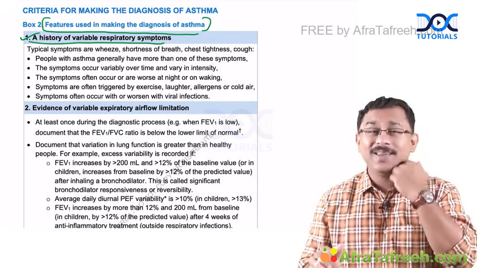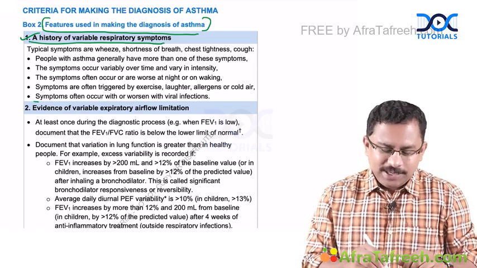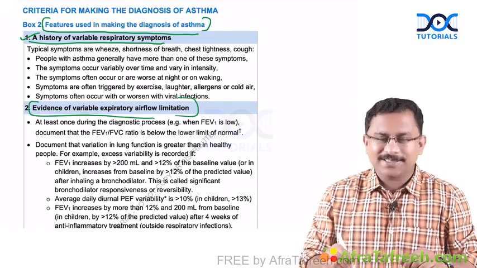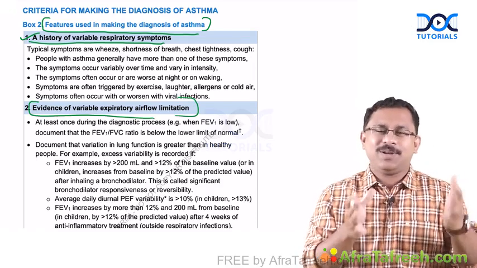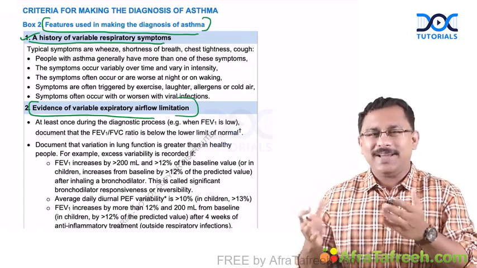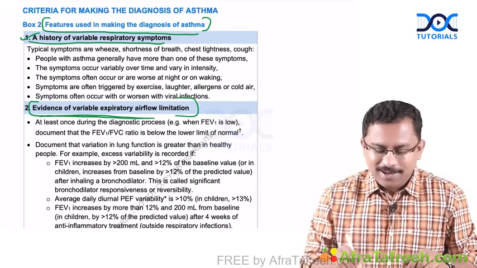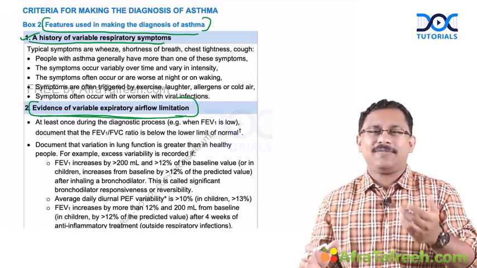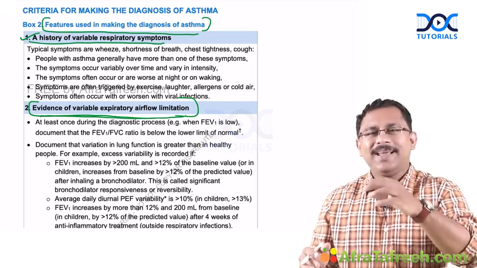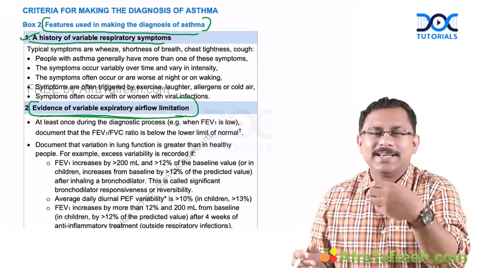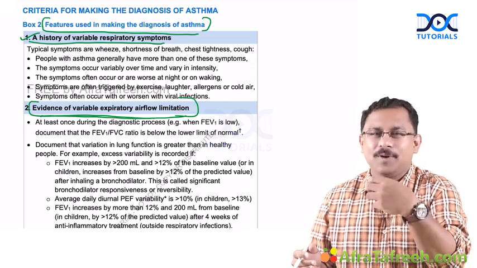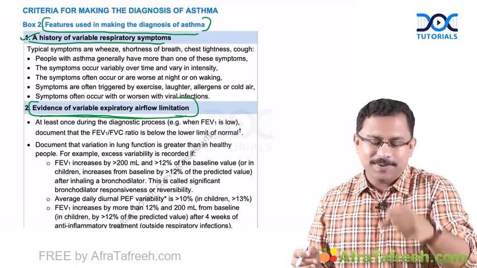So you have got to have variability in the symptoms, plus, suppose a patient says symptoms, you've got to have an objective demonstration. So there has to be a variable expiratory airflow limitation, because asthma is an obstructive lung disease, and the problem is with expiration.